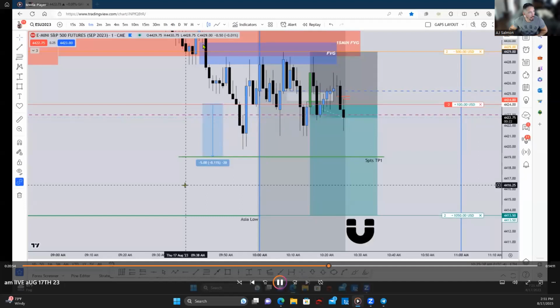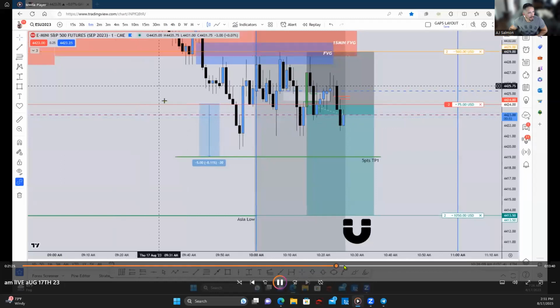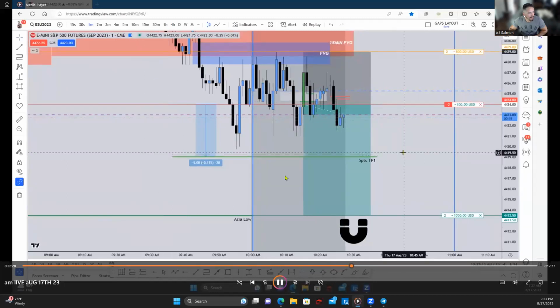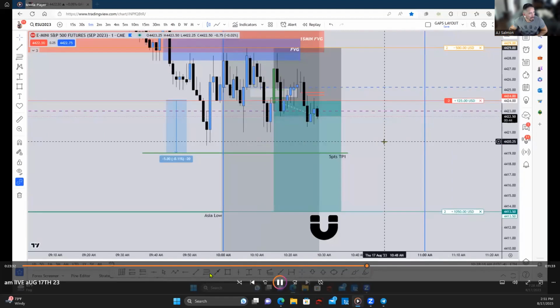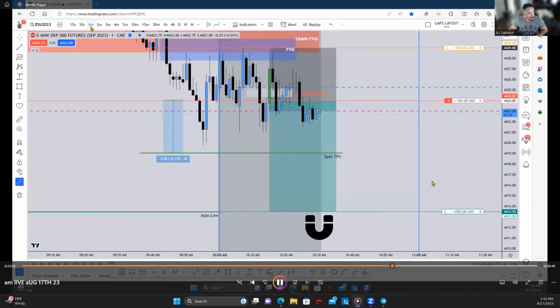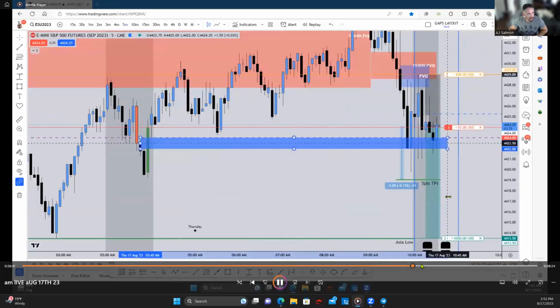Okay, so this was that 1 minute gap here where we entered. Initial draw on liquidity down here. If you look, Asia low. Okay, we're just being patient, letting the trade run here.